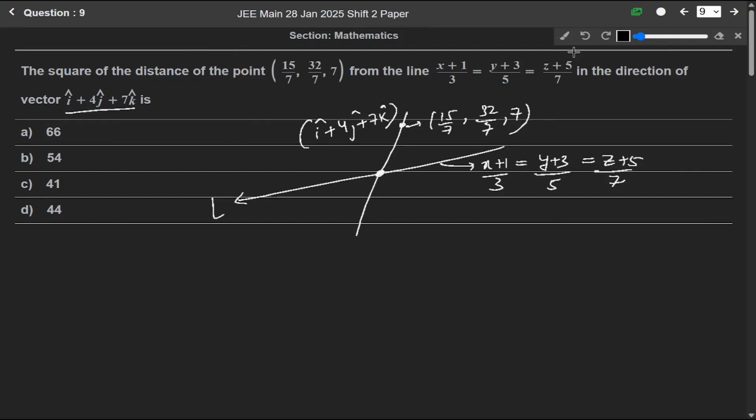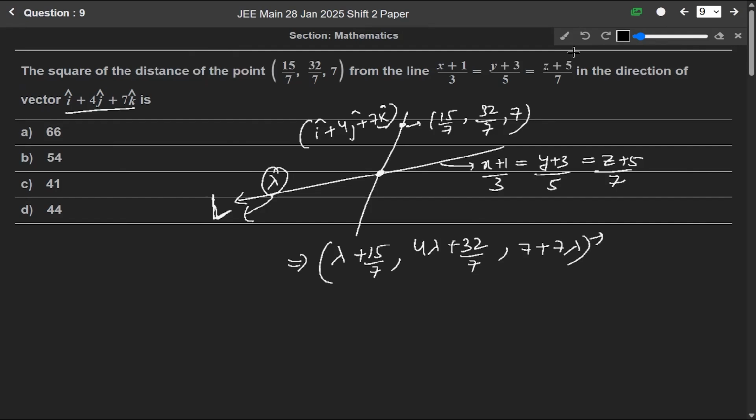So let us say these are the points, for some lambda, which lie on the line L. So for this we can write lambda plus 15 over 7, comma 4 lambda plus 32 over 7, comma 7 plus 7 lambda.